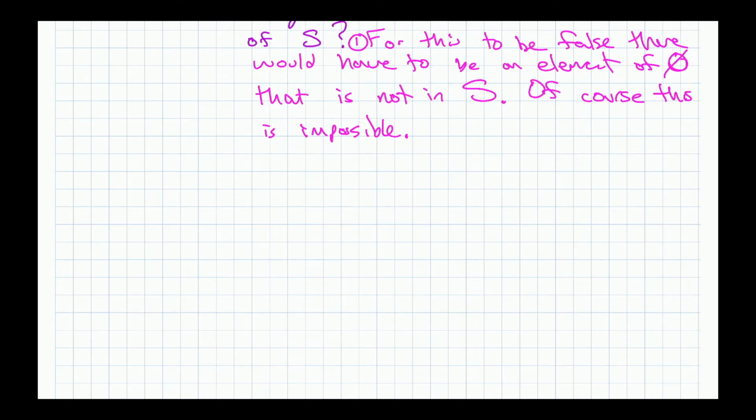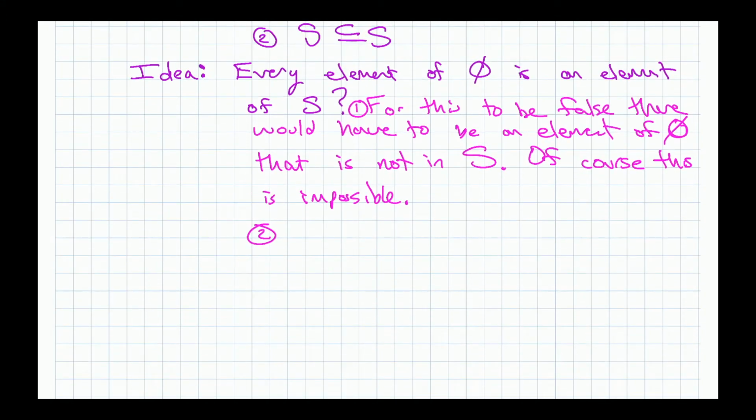Now, that's not really a proof. I didn't formulate it as a very methodical proof, but the idea is there. Now the second one says S is a subset of S. Of course that's also true. Is this true? True, obviously.